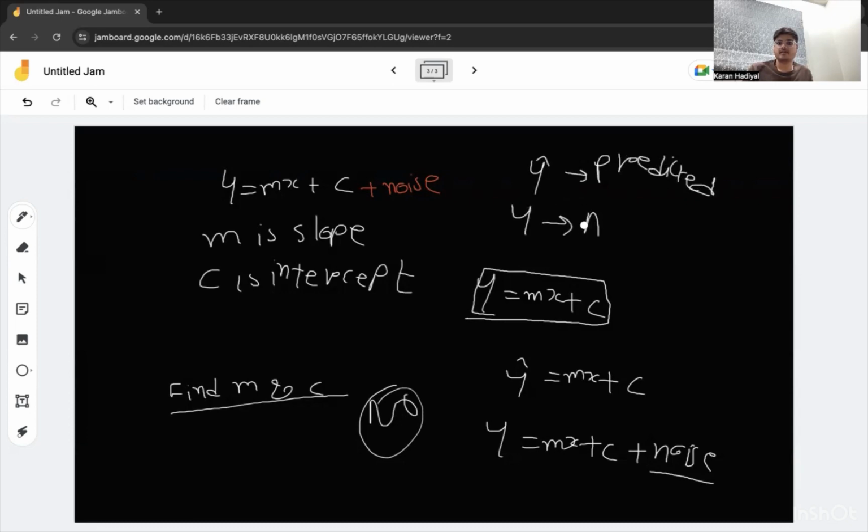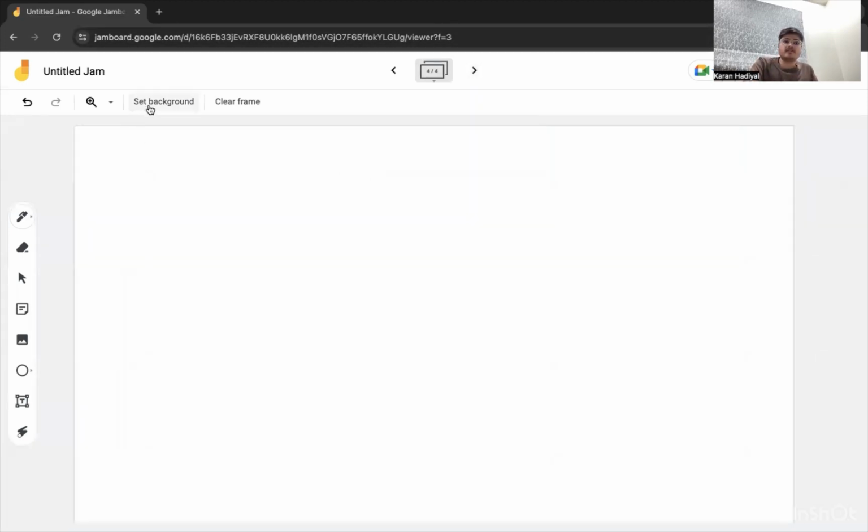So there will always be a difference between y and y hat, which is this noise, and it varies from data point to data point. So can we measure the total difference? Yes. So how can we measure the total difference?